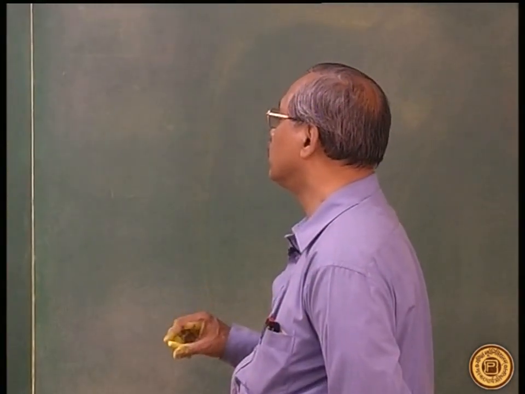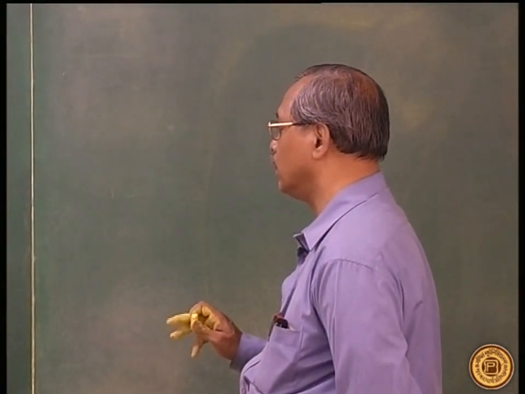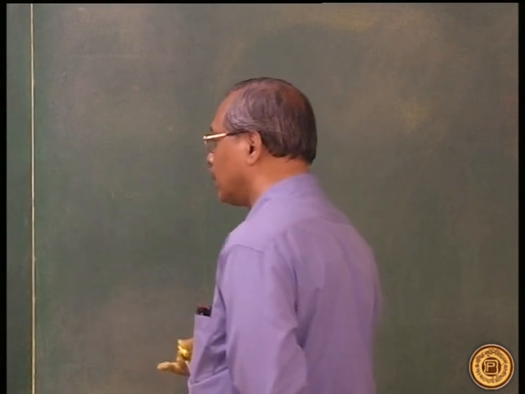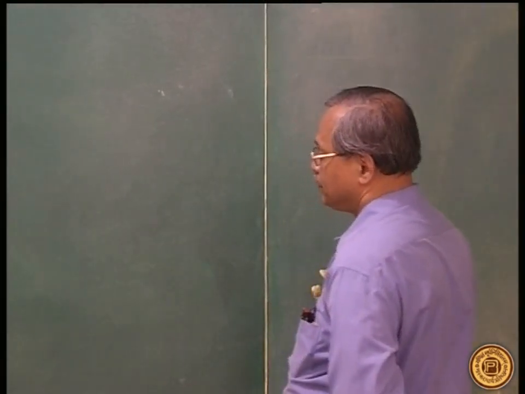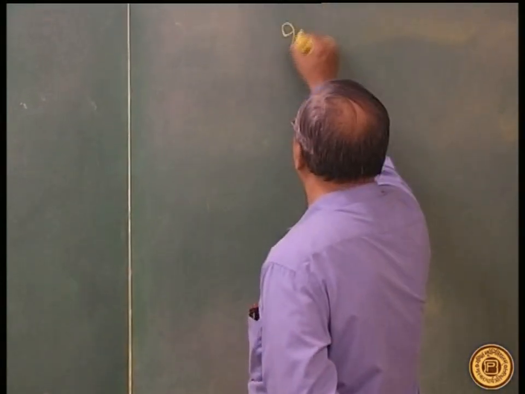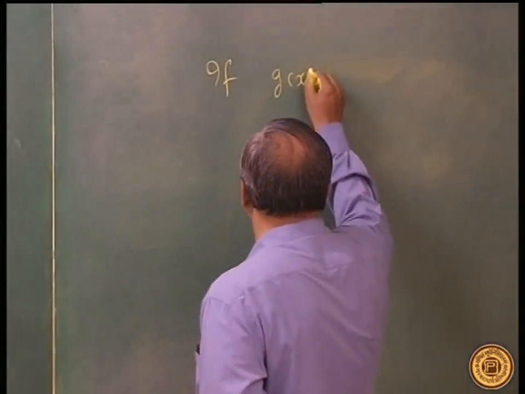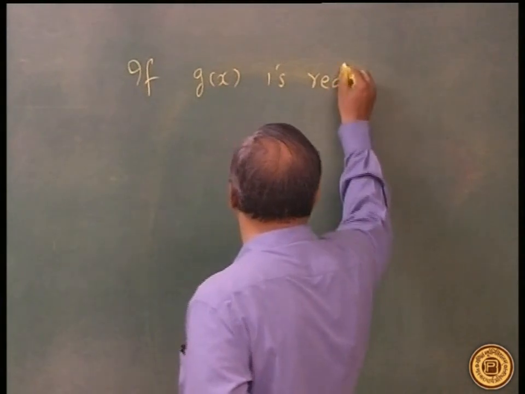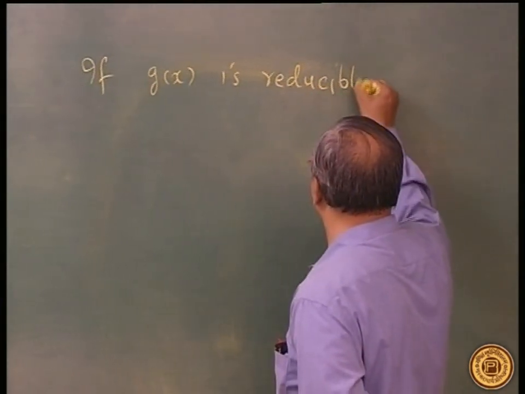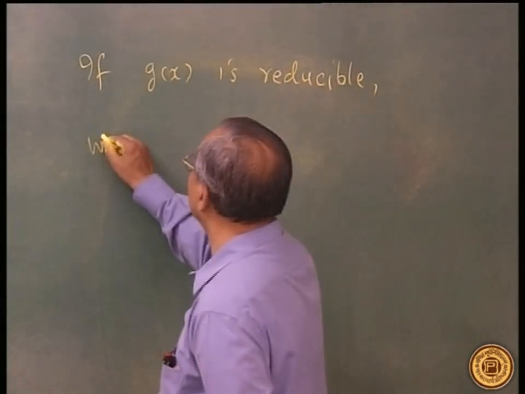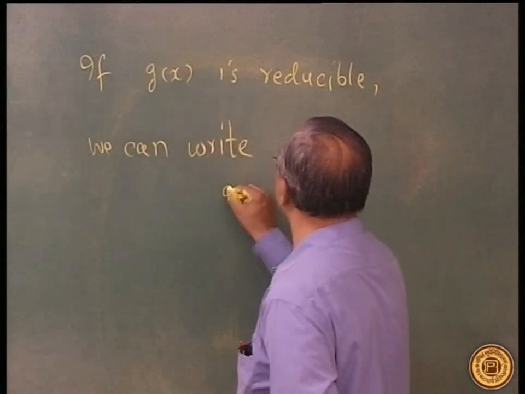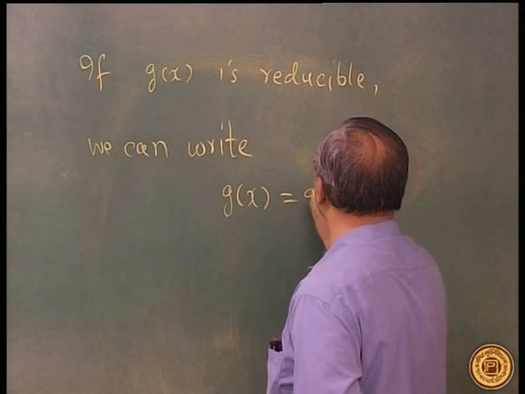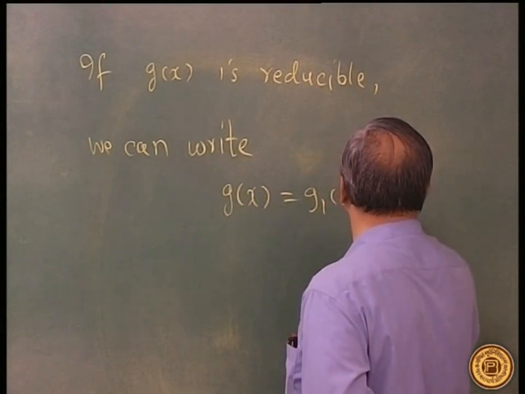Now, this degree 1 factor, what are its properties? So, if Gx is reducible, we can write Gx equal to G1x into G2x.